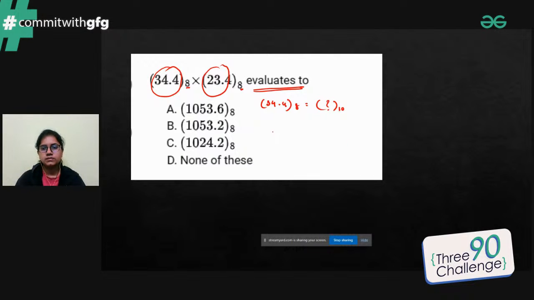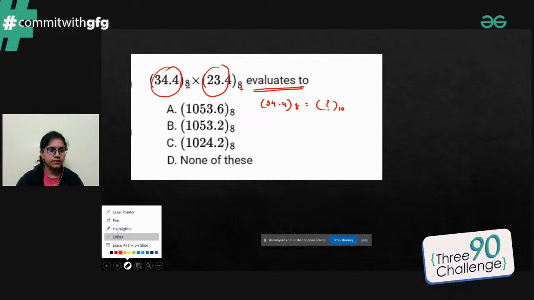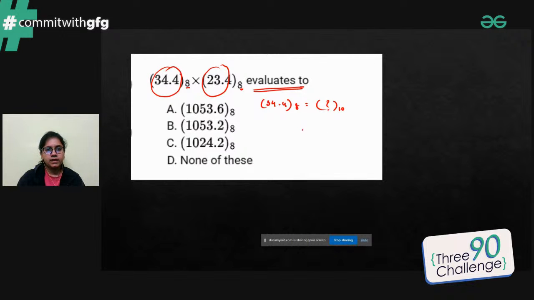How to do it? 4 into 8 to the power 0 plus 3 into 8 to the power 1 plus 4 into 8 to the power minus 1.